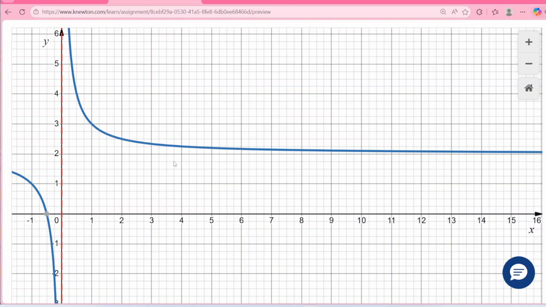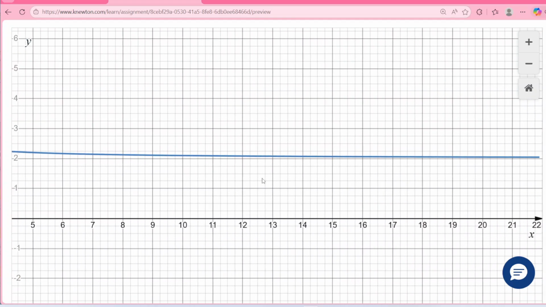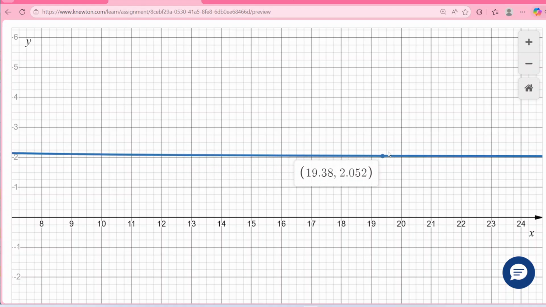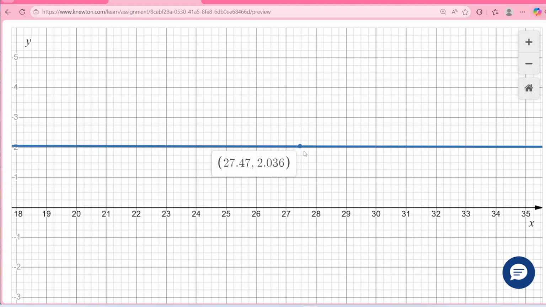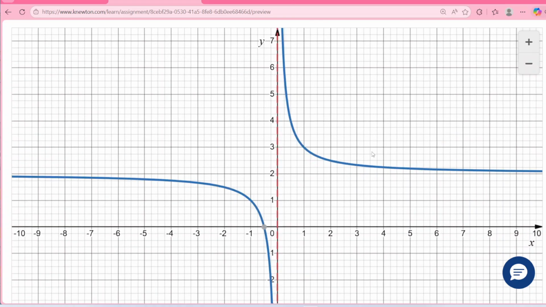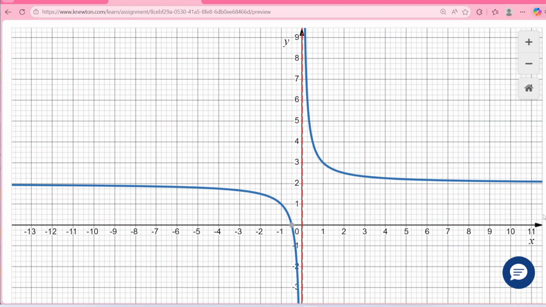I know y equals 2 isn't in there, but it looks as though the outputs are getting as close to 2 as you want. 2.04, move further right, here's 2.03, 2.02, it looks like the outputs are approaching 2 to the far right.